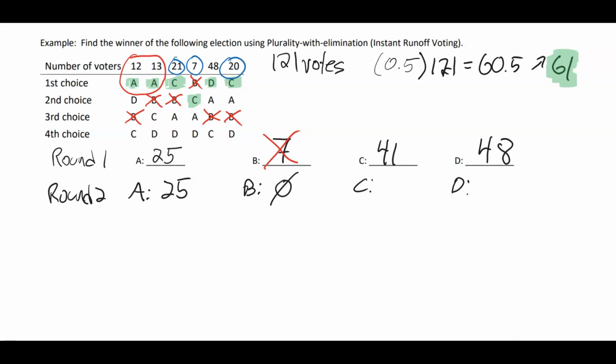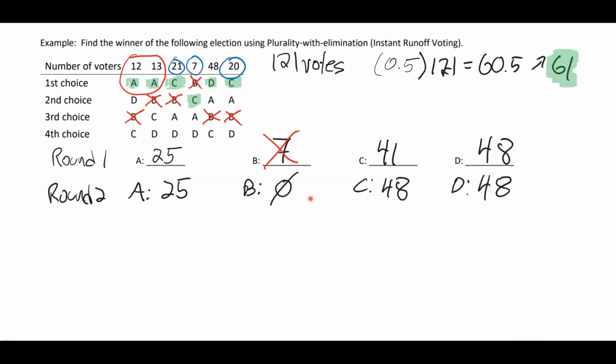C is up to 48. And D still has 48. And we again look for, does anybody have a majority? No, definitely not. Nobody has the majority yet.